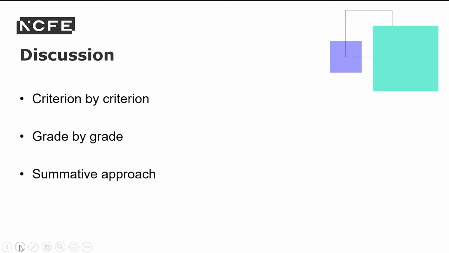Having a more holistic approach would be excellent, but obviously it has to be in line with the grade boundaries, which I totally understand. But it's to avoid that repetition that you sometimes get if you're doing it by criterion.